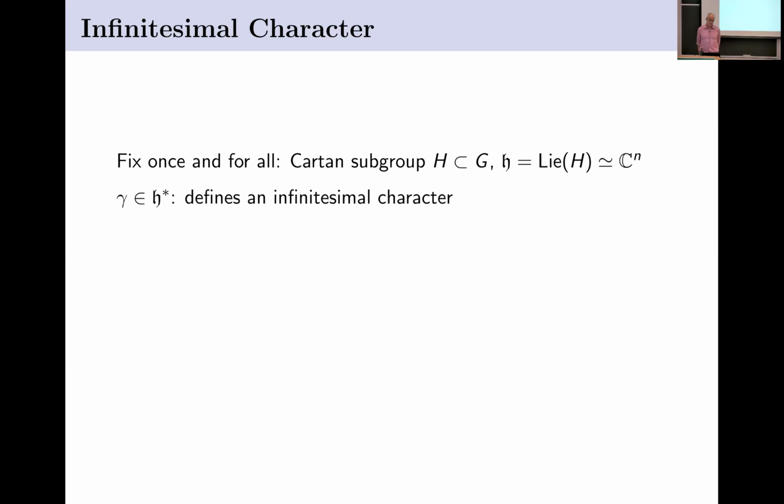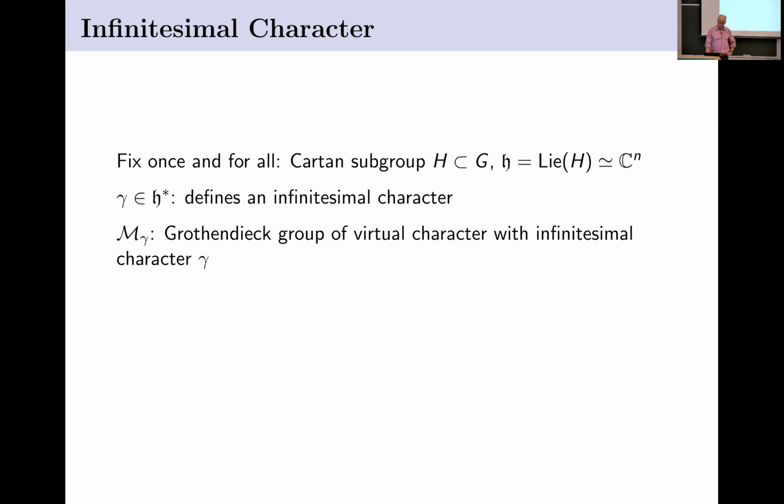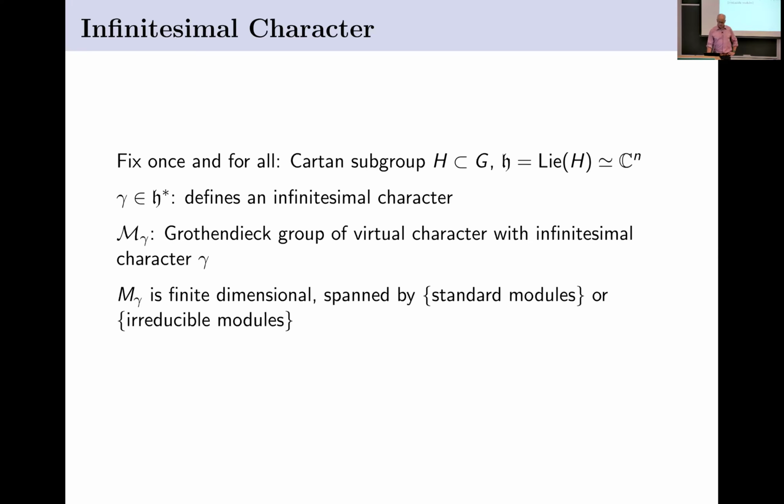An element of h star defines an infinitesimal character, and you have the Grothendieck group of virtual characters with infinitesimal character gamma. That's finite sums of irreducible representations with infinitesimal character gamma. This is a Z module, finite dimensional, spanned by irreducibles by definition, and by a theorem of Zuckerman, it also has a basis in terms of standard modules.